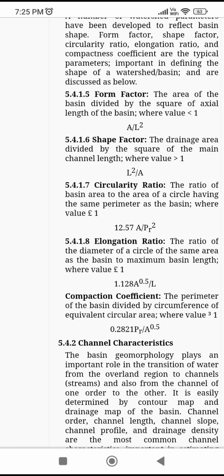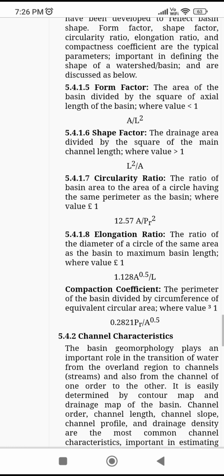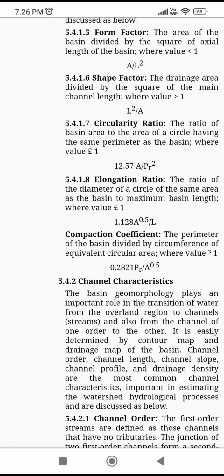Then elongation ratio, the ratio of the diameter of circle of the same area as the basin to maximum basin length. Then compaction coefficient, the perimeter of the basin divided by circumference of equivalent circular area.